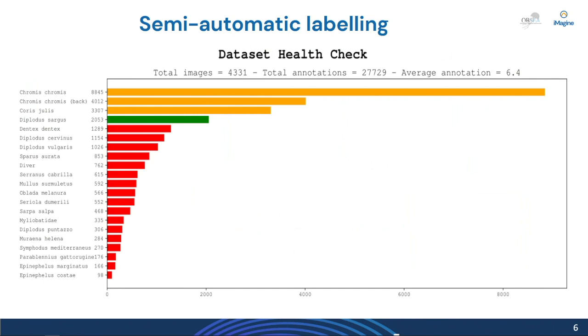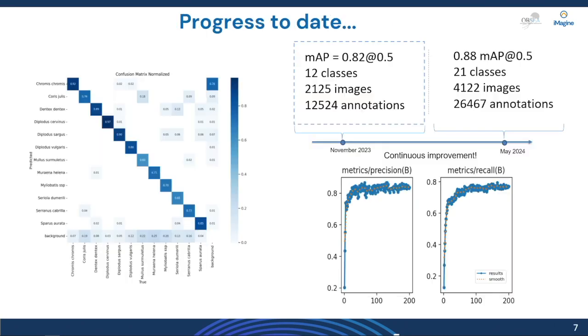These are the species that we have up to today, 21 species, and we can see the total images, and these numbers are the instances, the number of fishes contained in the total data set. Up to today, well, not today, but in November, we had these results, which is mean average precision, which is quite good. 12 classes or species, and this amount of images and annotations.